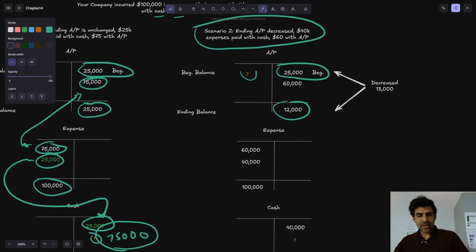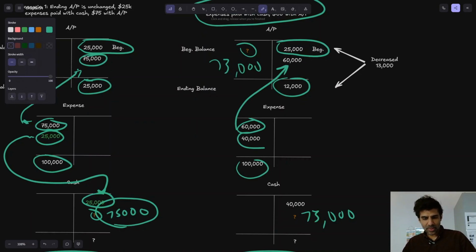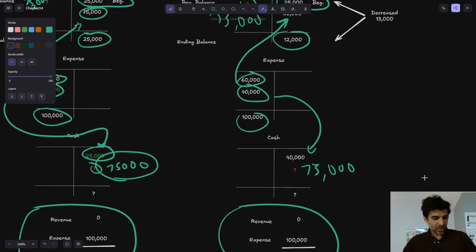So now what do we need here? 73,000. This and this are related. Right? Okay, so in this case, we had cash going out of 100,000. Right? And you would have had some starting balance, right?